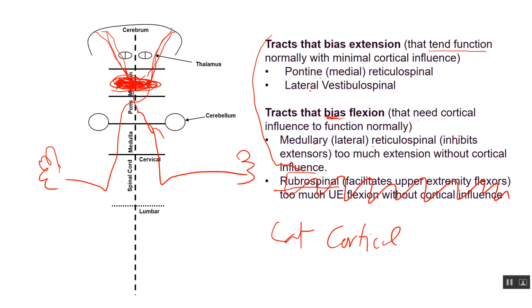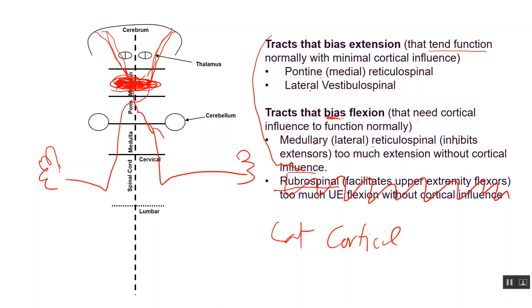So it's usually somebody with a big bleed or a big brain injury, where they get swelling and it pushes their brainstem down into the foramen magnum, then everything gets pushed together and eventually the midbrain gets squeezed in between and shuts down the corticospinal tract. So now you lose upper extremity flexion input from the corticospinal tract. Now all the rest of the tracts are functioning like extensor bias tracts. Does that make sense?